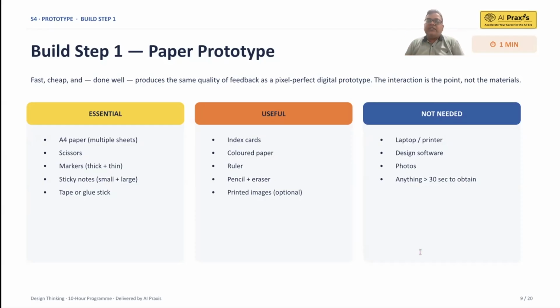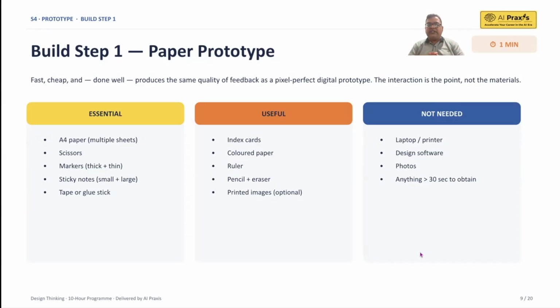Let's look at the materials you will actually need. Nothing very expensive, just a few A4 sheets, markers, sticky notes, scissors, and tape, or, let's say, a glue stick. Okay. If you have index cards, colored paper, or printed images, they can certainly help, but they're completely optional.